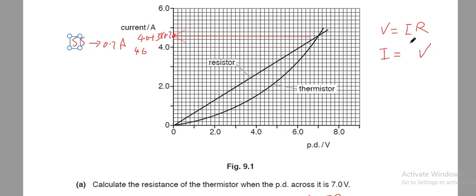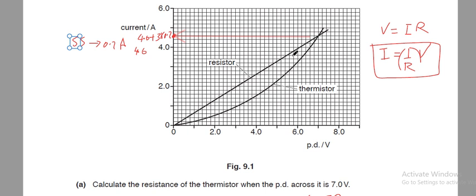So we should have a slope of 1 over R, okay. We just divide this side by R, and we get the relation that is drawn.